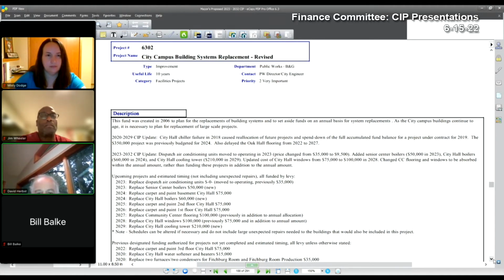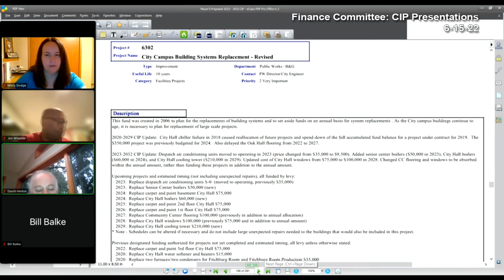Major projects have been reviewed and reprioritized with updated prices based on budget, operational, and maintenance demands. And you can see in the description of that particular item what is planned for when in the building.